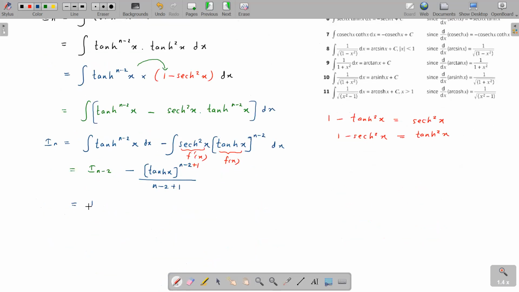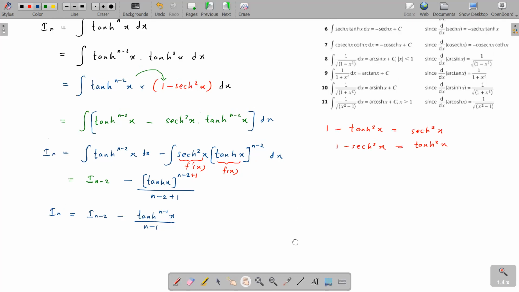So we get here I n minus 2 minus, what do I get here? Tan to the power n minus 1 x over n minus 1, right? Did I get the show that?